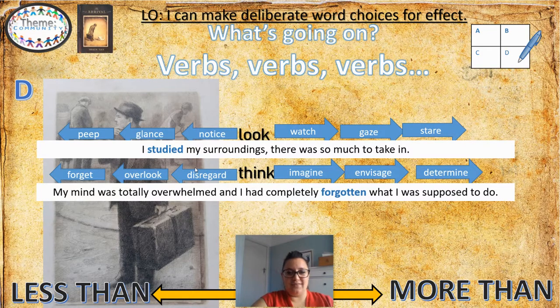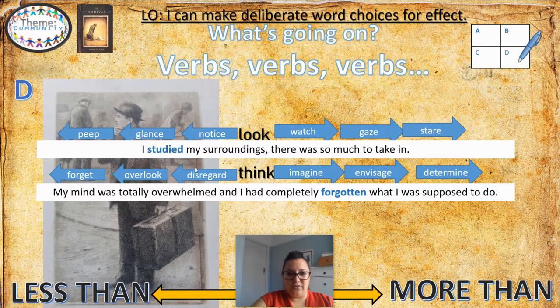See how each of these sentences gives us a slightly different impression about our character, about how confident he is, and about who he is as a person. My version of him makes him seem like he's a little bit nervous and he's quite forgetful.